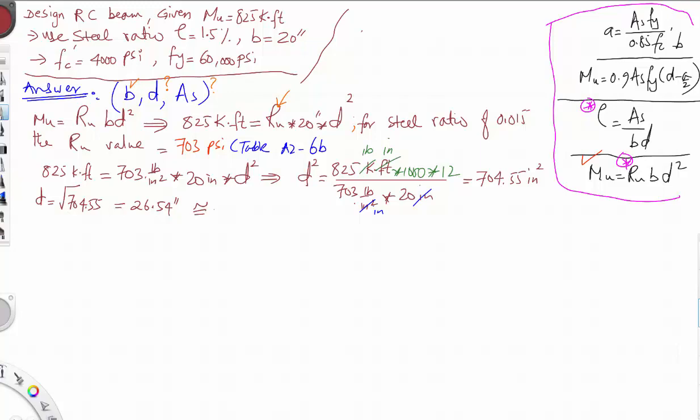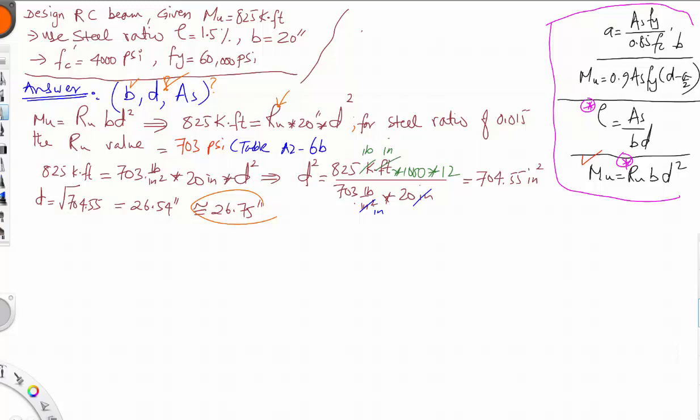So we'll round this up to 26.75 inches, just quarters. So that is the effective depth. So we calculated the effective depth. Now we have the depth also calculated here.